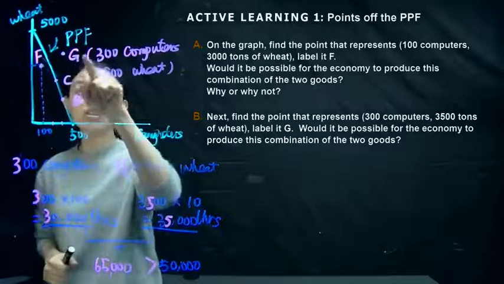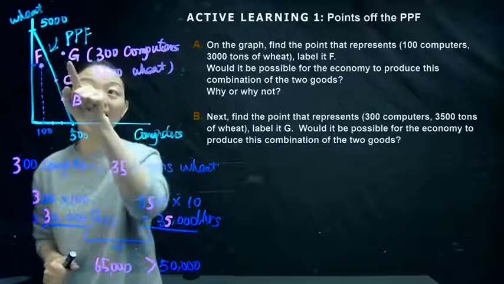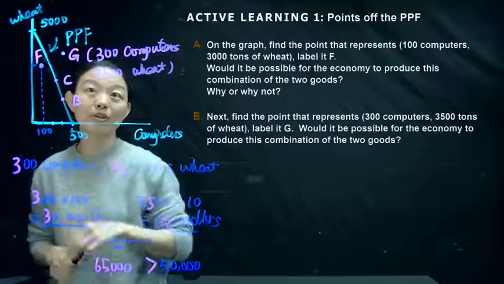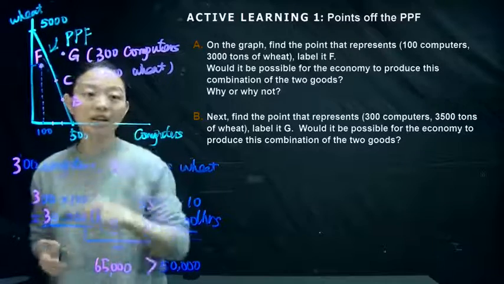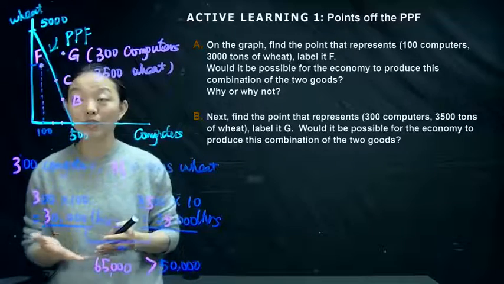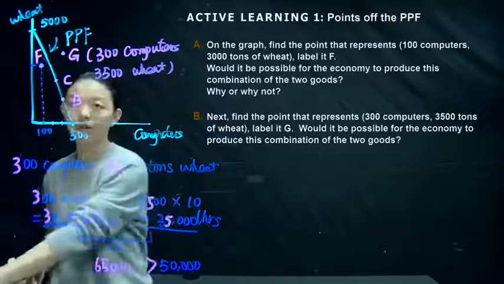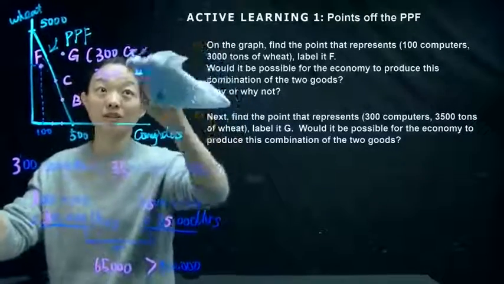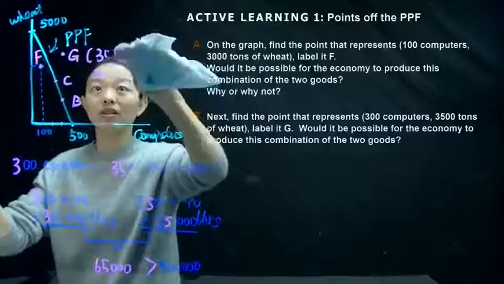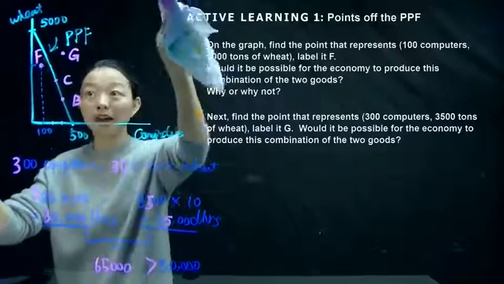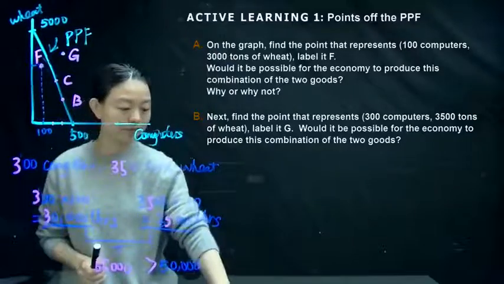And then let's look at point G here. Point G is already outside the PPF, right? The projection is already outside the PPF. So point G is a very good combination, however, it is unable to be produced based on the current economic situation. Okay, so here I show you the three different projections of the points: either on the PPF, inside the PPF, or outside the PPF.